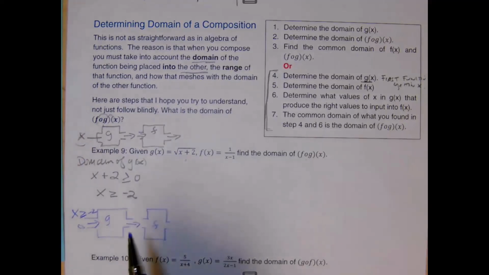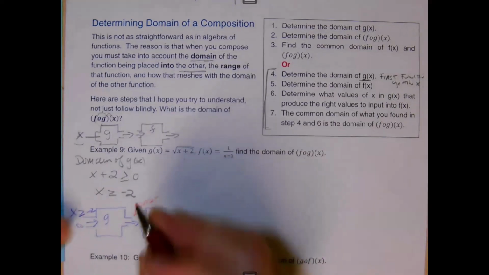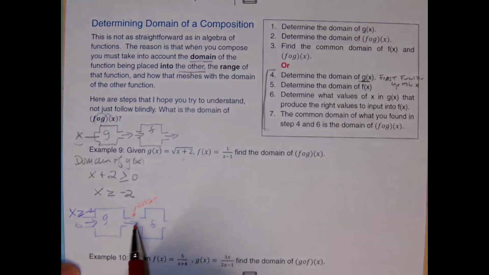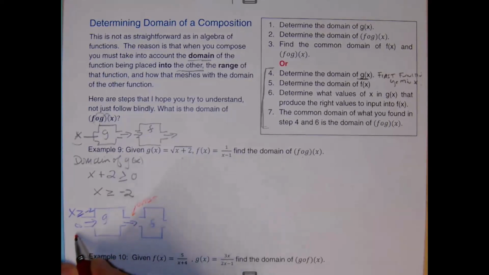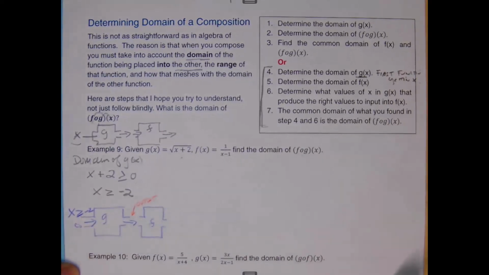That's great, but now I have to worry about another thing. The output coming out of here is going to get fed to f, but f may have restrictions. What if the output going into f is not amenable to f? F doesn't like it. So I need to come back over here and further restrict this. Right now, this is what g likes, but what does f like?